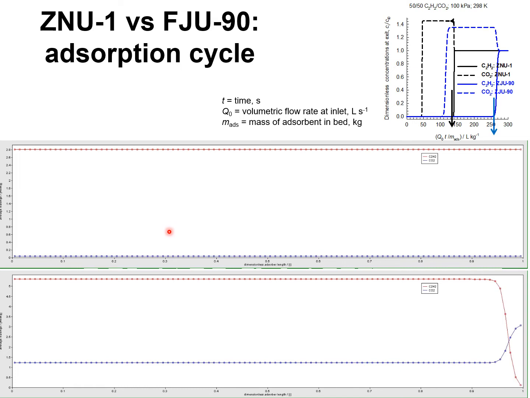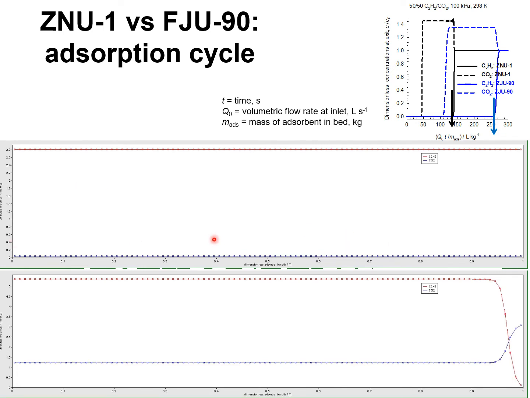For ZnU1, the situation is quite different. The CO2 loading at the start of the countercurrent vacuum blowdown is of the order of, say, 0.03 moles per kilogram, significantly smaller than the value for FJU90.